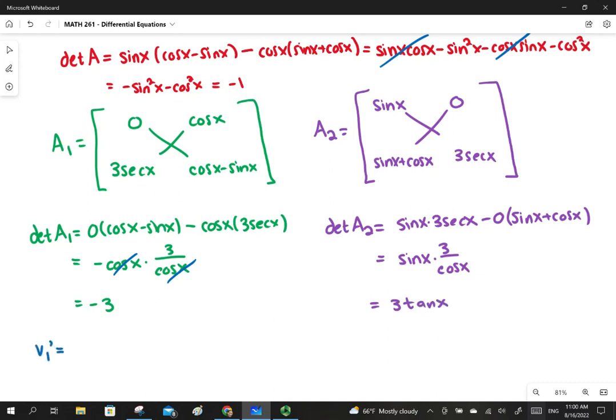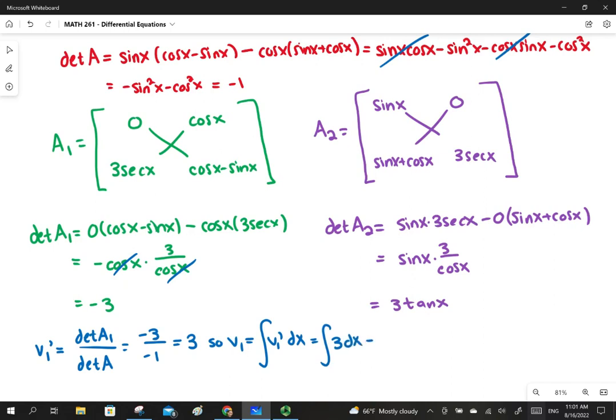So v1 prime is the determinant of A1 over the determinant of A, so negative 3 over negative 1, which equals 3. So v1 is the antiderivative of v1 prime with respect to x, so the antiderivative of 3 with respect to x, which is just 3x.